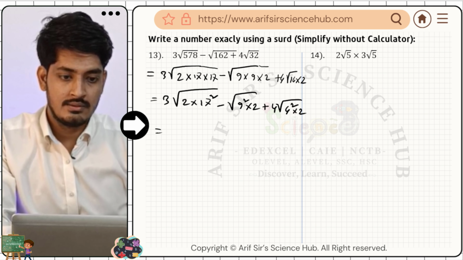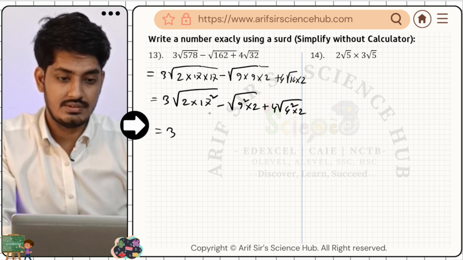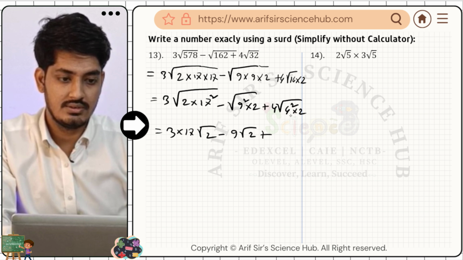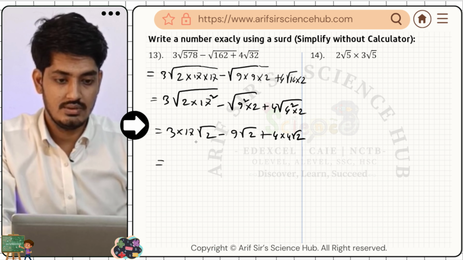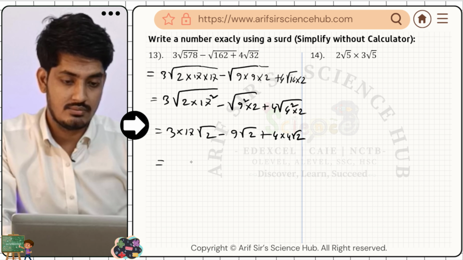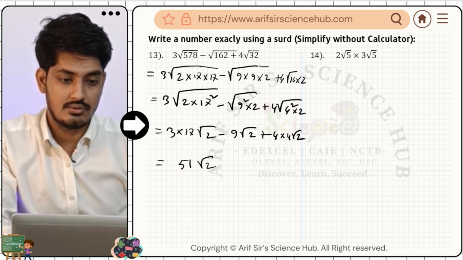Okay, so we can just bring the 17 out of this square root. That means 3 into 17 square root 2, minus, we can bring this 9 out of the square root, 9 square root 2, plus we can bring this 4 out of the square root, then 4 into 4 square root 2. If we multiply this 3 into 17, that means 51 square root 2, minus 9 square root 2, plus 16 square root 2.